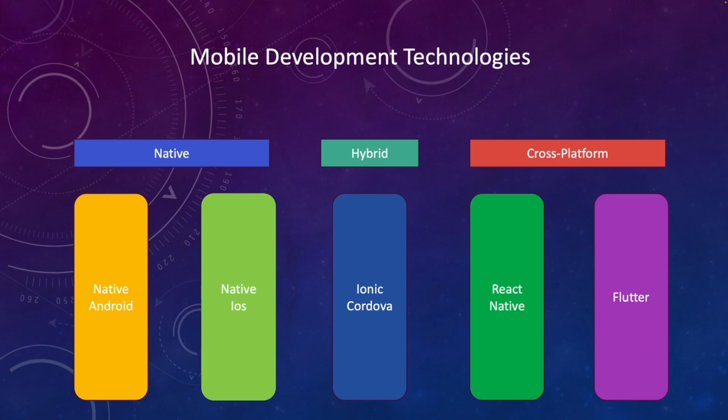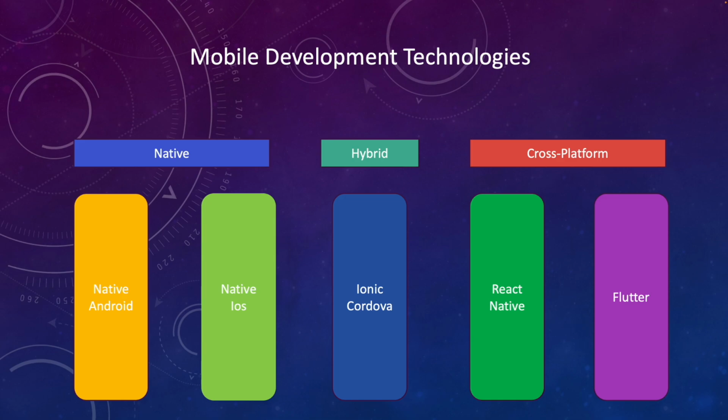Instead, it renders its own mobile UI components in Flutter, but it is so fast and so optimized and so easy to use. And React Native is almost like a native application, because it renders native components in the mobile device, the mobile OS. So that is basically how the categorization is.